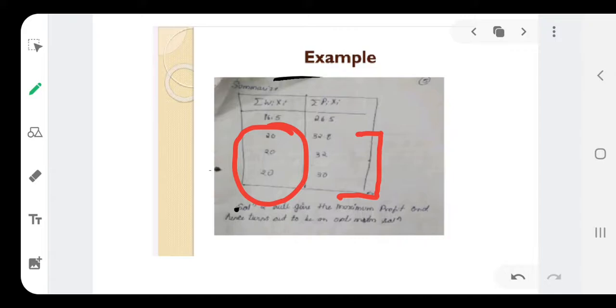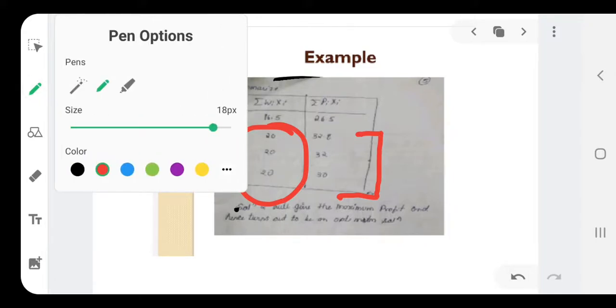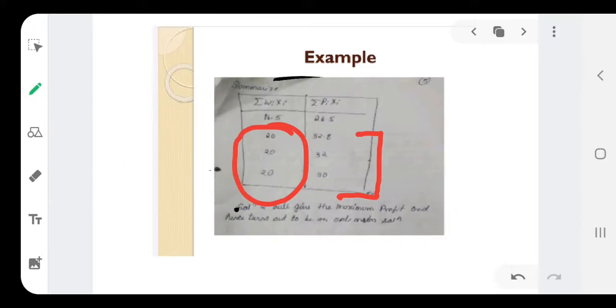We are checking with which solution option we get the maximum profit. So 32.8 is the highest, 32 is less, so we are discarding that solution.